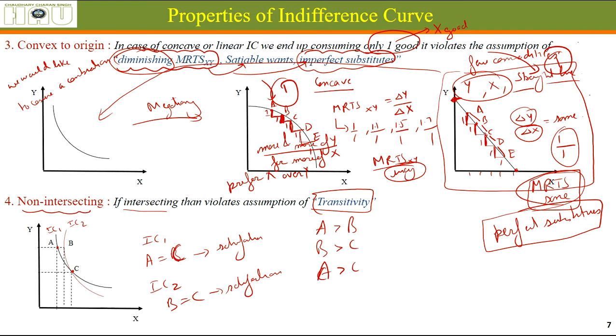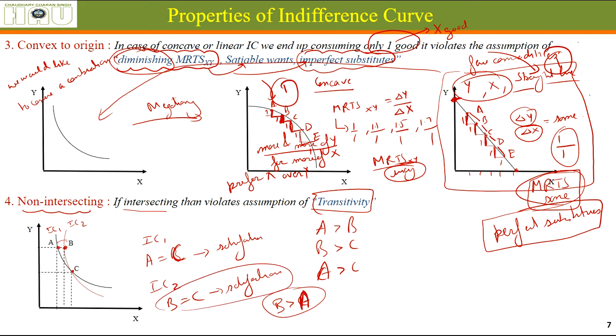What does it mean now? We can see that IC2 is at a higher point than IC1. That means B gives more satisfaction than A, because IC2 is higher than IC1. So this is a mess now.